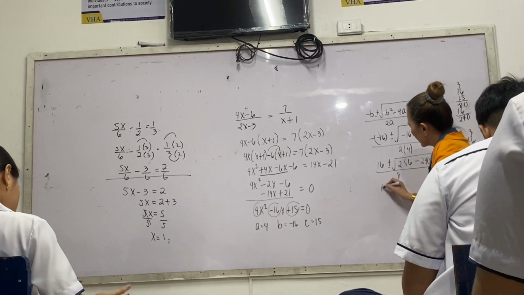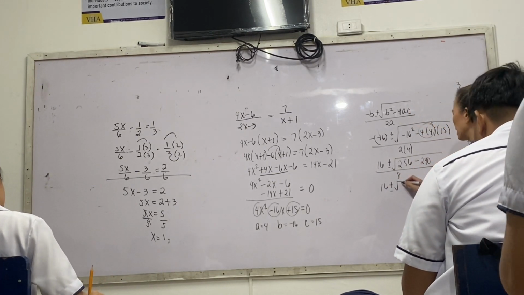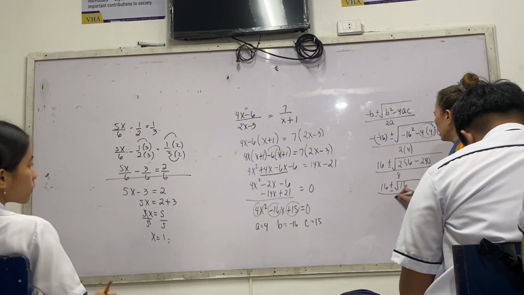So that will be 16 plus minus the square root of 256 minus 240 is 16, over 8.